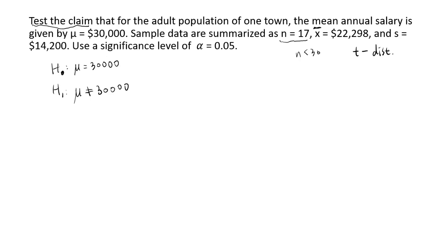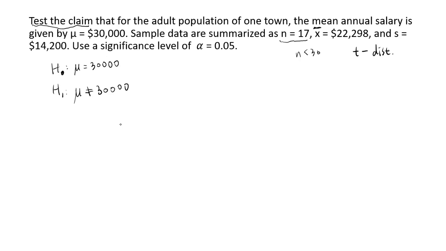You should read this question carefully and recognize that we're not trying to prove that the income is less than 30,000 or bigger than 30,000. Had the question been phrased as, test the claim that the average income is less than 30,000, that would be mu less than 30,000, and that would give you a one-tail test.